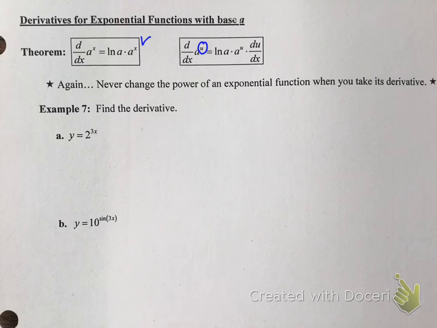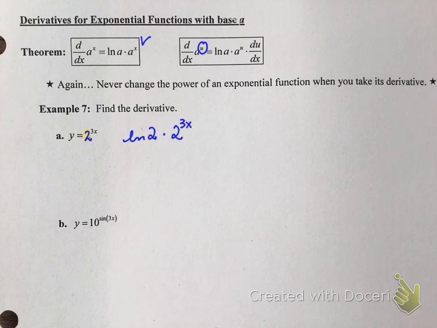So we have example 7, find the derivative y equals 2 raised to 3x. So my base is 2, which is a value that's constant. So I'm going to apply that rule. Okay, so the rule says we take the natural log of 2 times 2 raised to whatever power it is.